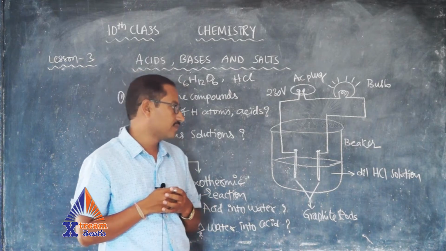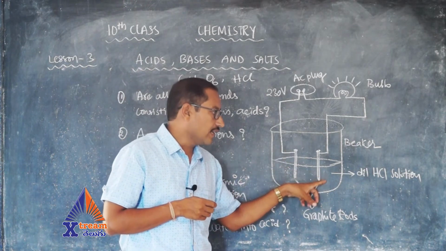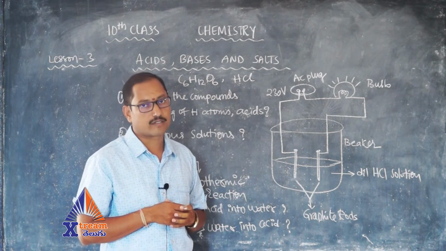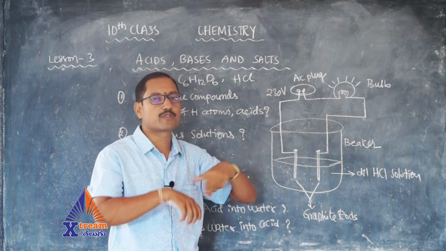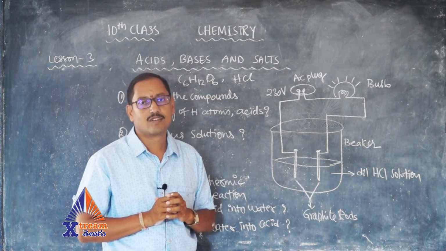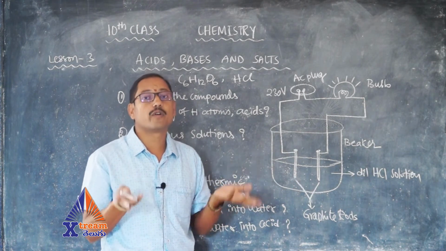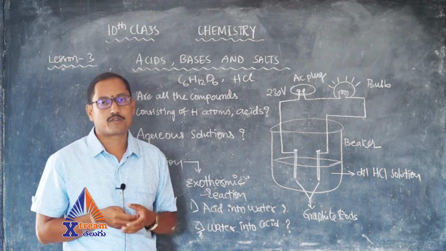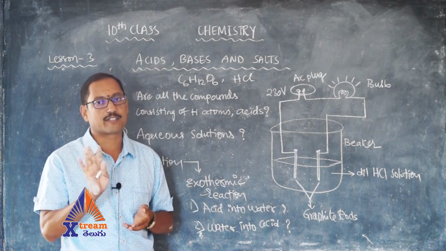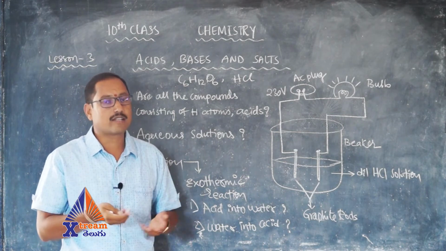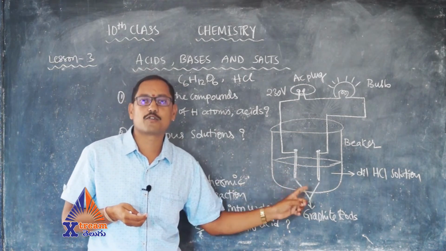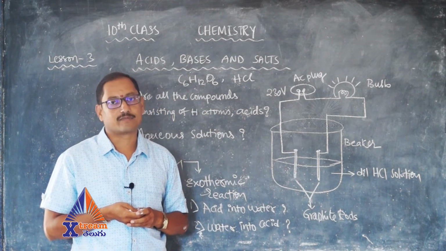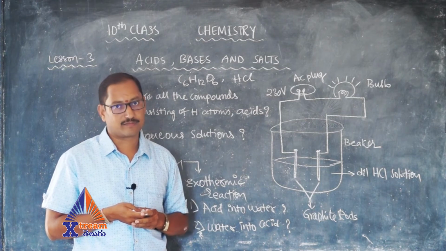Now, when we take this solution to be starch solution or sugar solution, we will not see the bulb glowing. Why is the bulb not glowing? Because sugar solution or starch solution will not give H plus ions. And as ions are not there in this solution, it cannot act as an electrolyte.